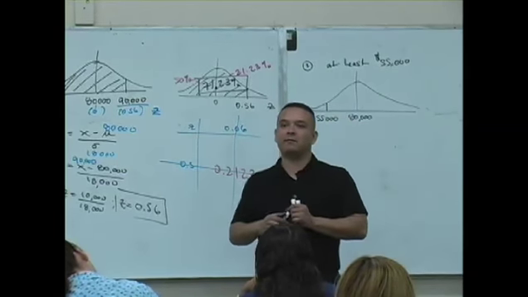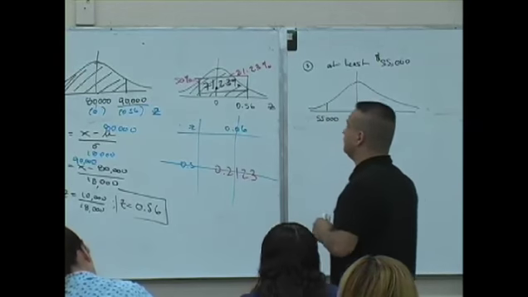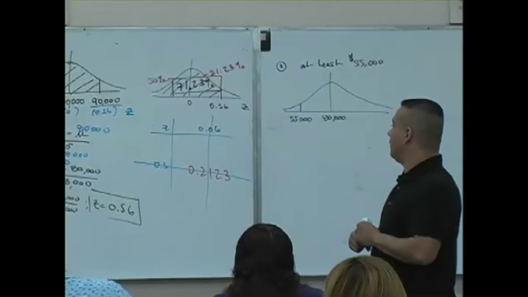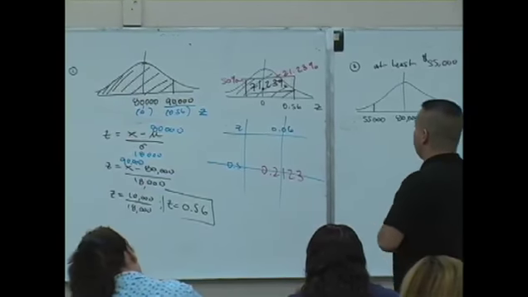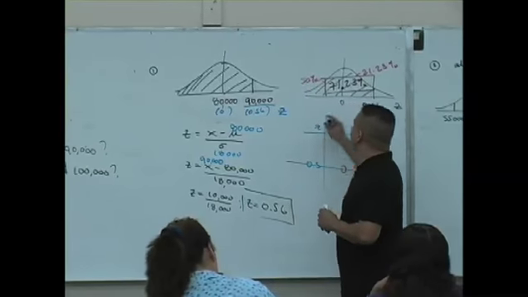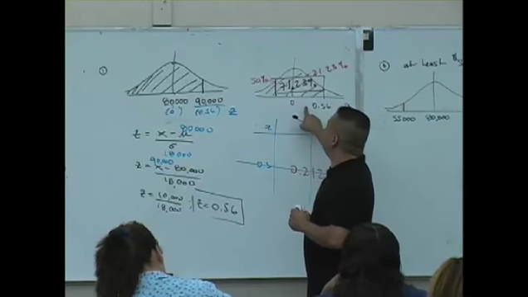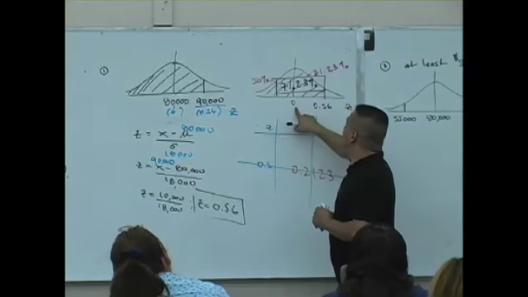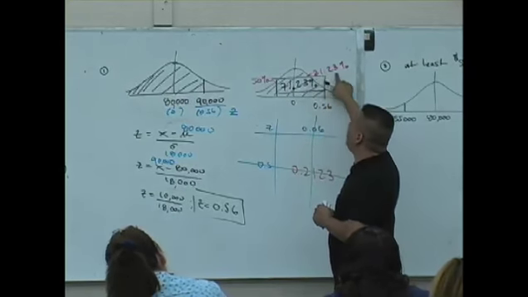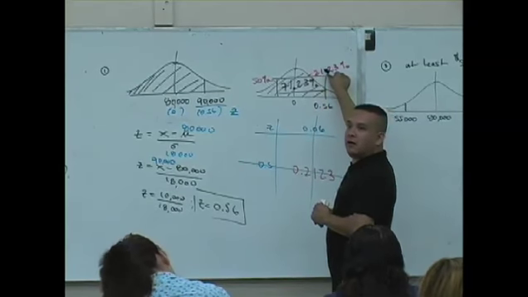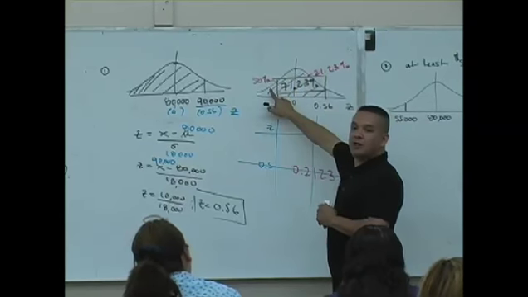I'm sorry. Yeah. Which one? Where are you looking at? This one? In what sense? Well, to the left, isn't that 50? And to the right, from 0 to 0.56, is that 21.23? Is that what it is? Okay. So then what percent of the bell is shaded?